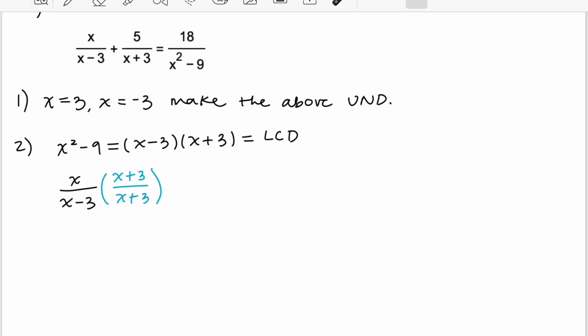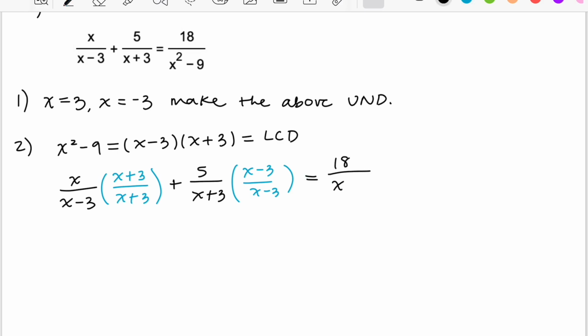So we need to multiply these to get to that least common denominator on that side. And similarly, we would have to multiply this one by x minus 3 over x minus 3 to get a common denominator. And then on this side of our equation, we already have our common denominator of x squared minus 9. So we're good on that side.